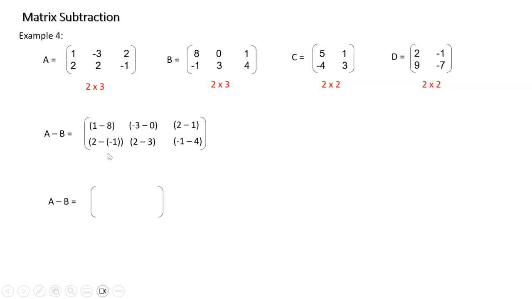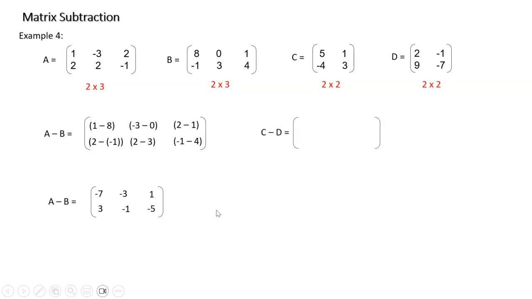So there's my result. It's going to be negative 7, negative 3, 1, 3, because 2 minus negative 1, right? The minus negative turns to addition, so it'll be 3. 2 minus 3 is negative 1. And negative 1 minus 4 is going to be negative 5. So that's my result.